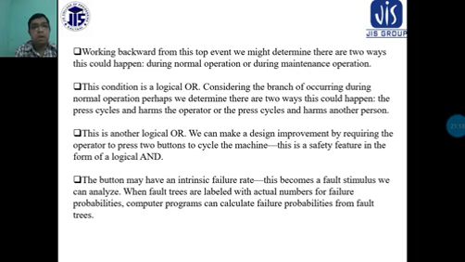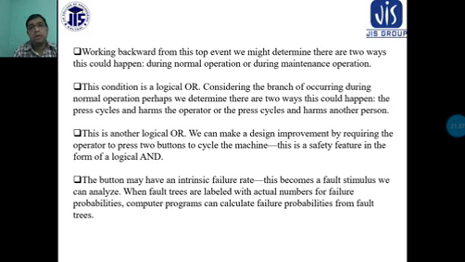The button may have an intrinsic failure rate. This becomes a fault stimulus. We can analyze the faults, labeled with the actual number of failures, which become probabilities. Computer programs can calculate the failure probabilities from the fault tree analysis.